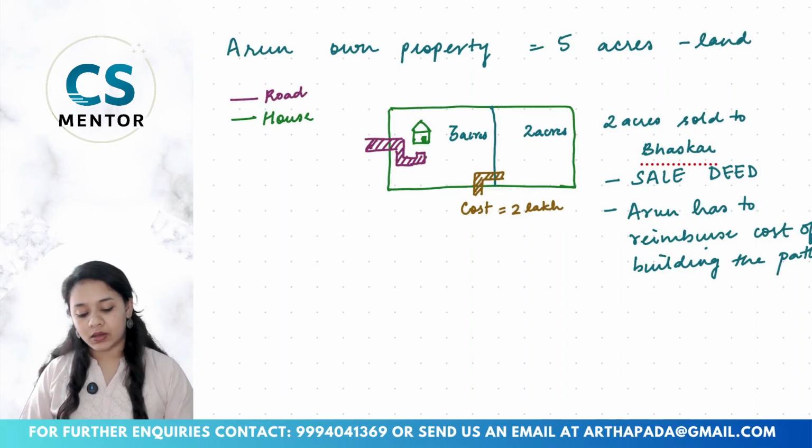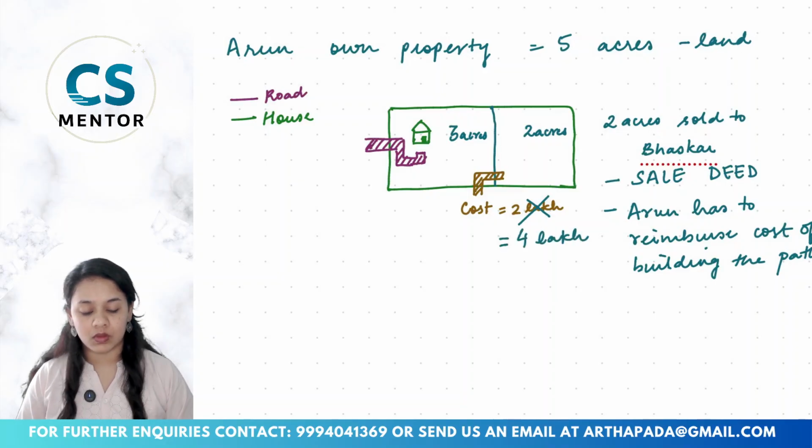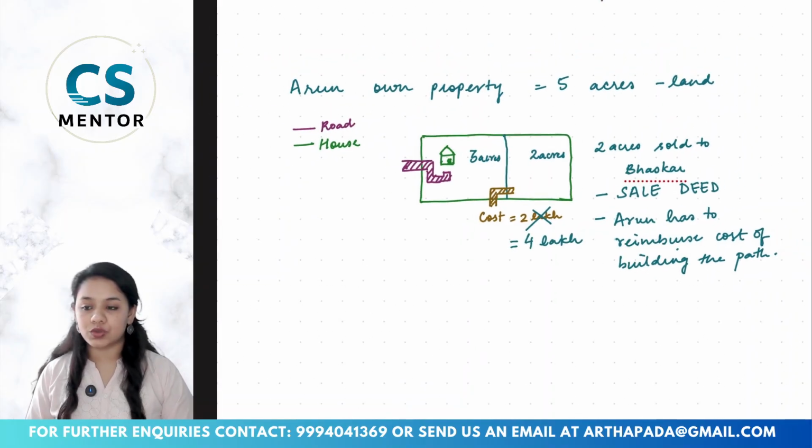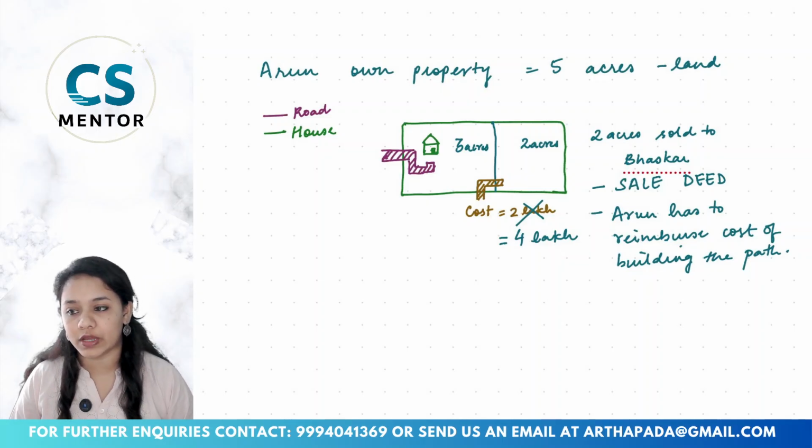All right. And what actually ends up happening is that instead of 2 lakh rupees, the cost ends up becoming 4 lakh rupees. Now, ultimately, Arun was supposed to reimburse the cost of building the path. So we're assuming that it was 2 lakhs, but it actually cost him 4 lakh rupees.